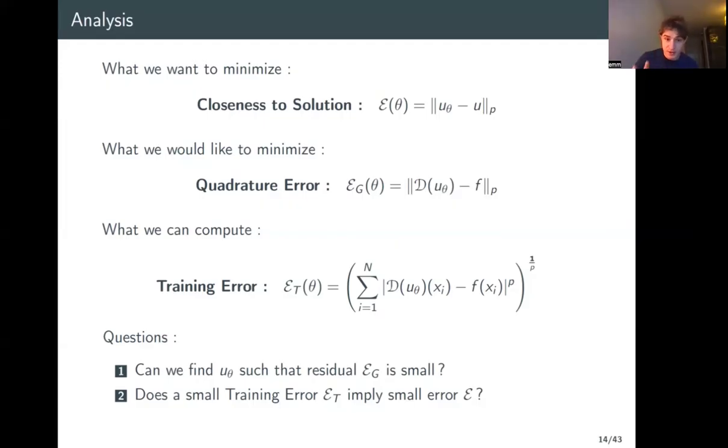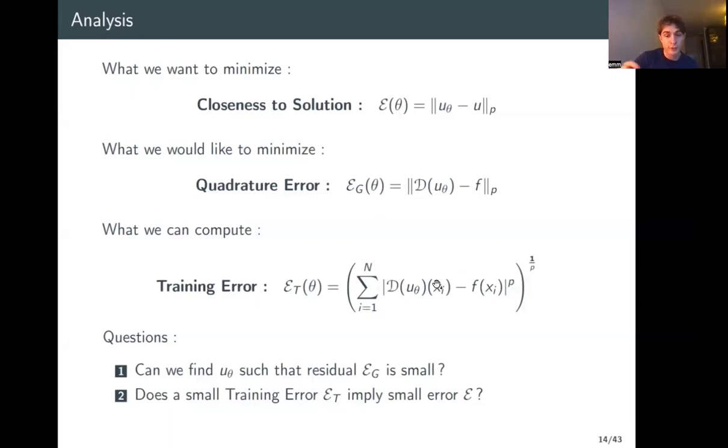And what we can compute here is the training error. After doing this Monte Carlo estimation of the integral, we can approximate this. So now this is the training error, what we're trying to minimize. So the question is, theoretically, can we find an ansatz neural network, u theta, such that when we make the training error small, the quadrature error, or this sort of generalization error, is also small?